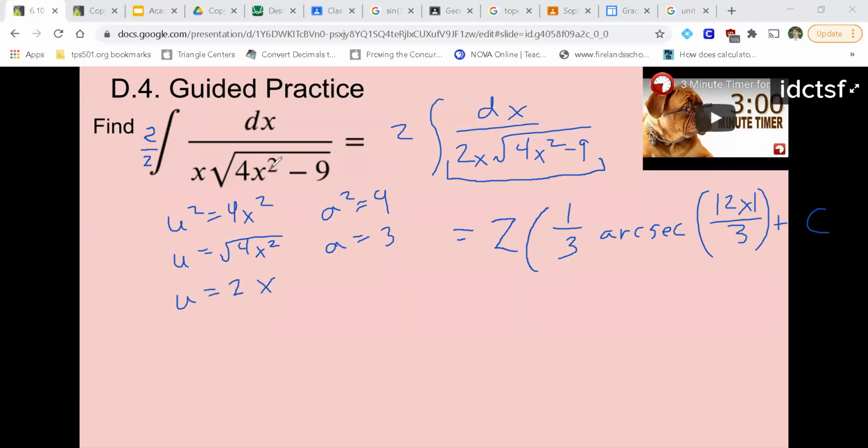So again, you identify which formula matches your problem, find out u and a, and if you need to, manipulate as you wish to get it in the right format so that you can then use your values for u and a to write your formula.